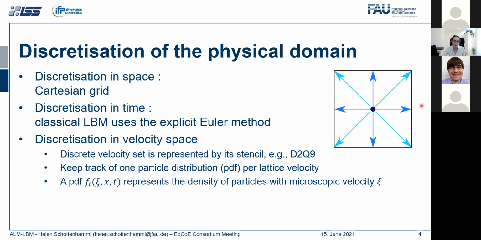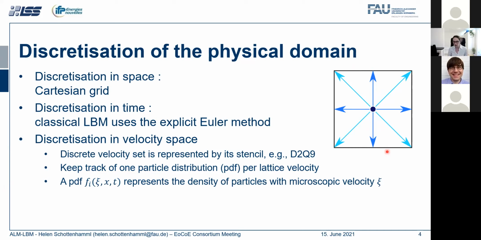You can see an example of a stencil here. This is a D2Q9 stencil, which means two-dimensional with 9 discrete velocities: the resting velocity in the middle and the 8 others to the neighbors and corners. For every cell and every lattice velocity, we keep track of one particle distribution function, which I will call the PDF from now on.